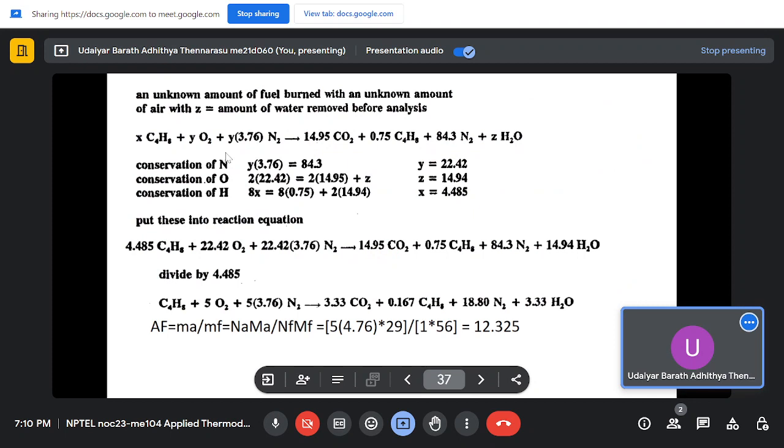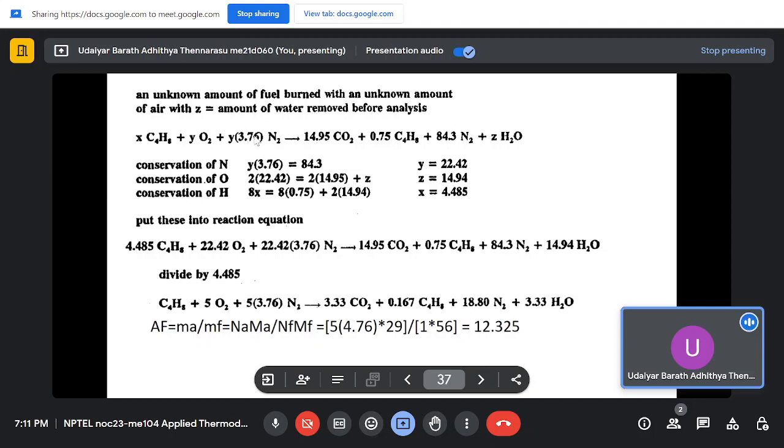Okay, so we don't know what amount of fuel is being used to burn. So we are considering x amount of C4H8 is being used, then y amount of air is being taken. So air, we are assuming it contains oxygen at 21% and nitrogen at 79%, so 3.76 times oxygen. So y moles of oxygen and 3.76y of nitrogen.